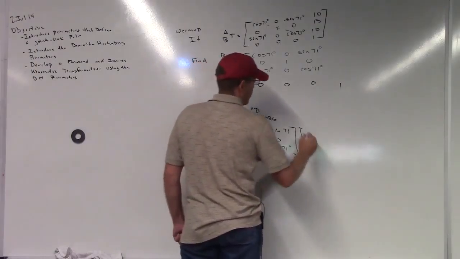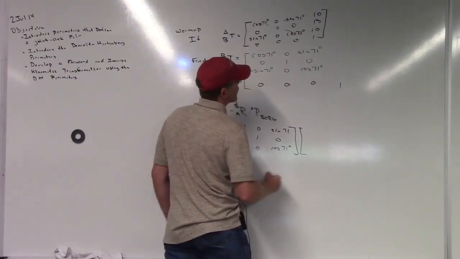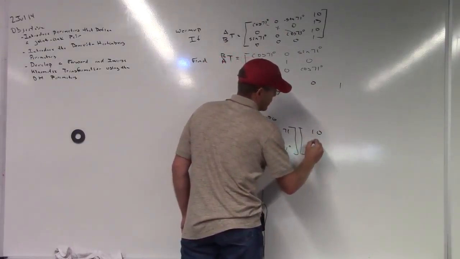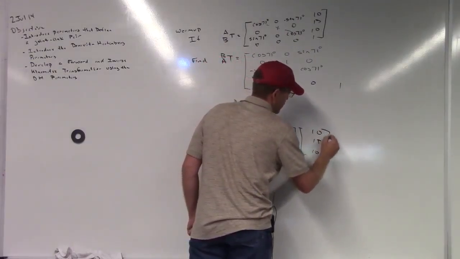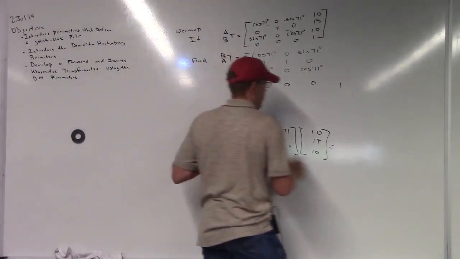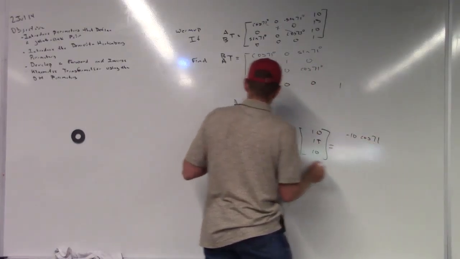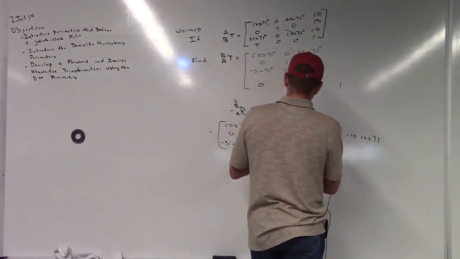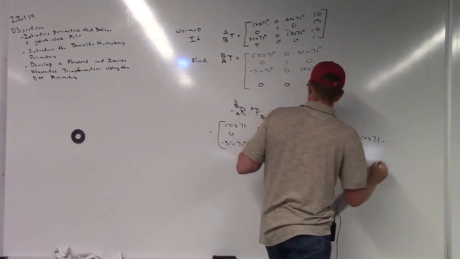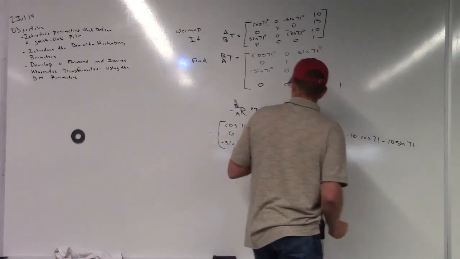And then we have, and I should put a big fat negative sign in front of that, a 10, 15, and 10. And when we go through, sure enough, we have a negative 10 cosine 71 plus a 0 plus, well, minus 10 sine of 71.